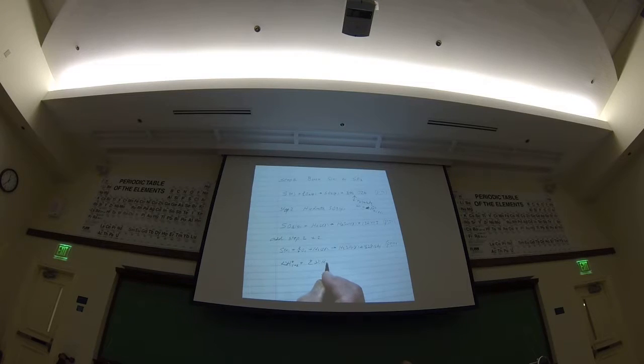Summation of nu i H i zeros is equal to 1 mole times the standard molar enthalpy of pure liquid sulfuric acid, minus 1 times the standard molar enthalpy of sulfur alpha, minus 3/2 mole times the standard molar enthalpy of pure oxygen, minus 1 mole times the standard molar enthalpy of liquid water.